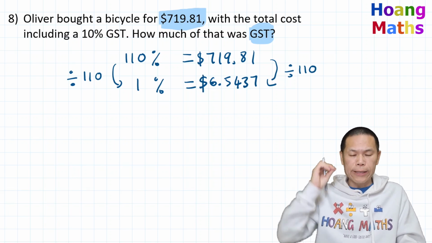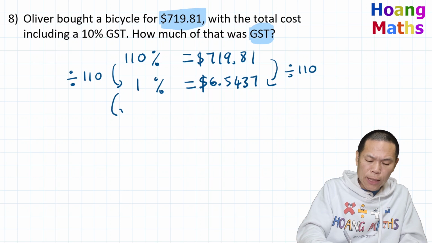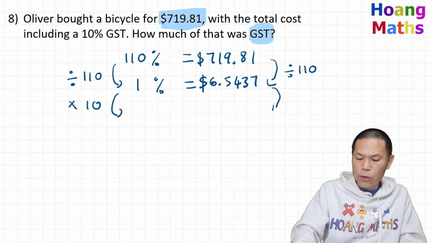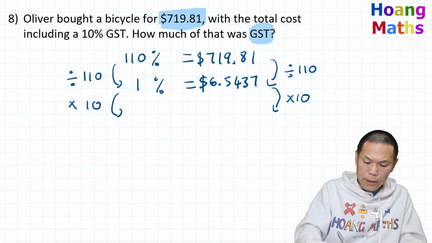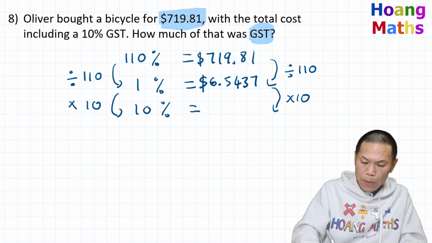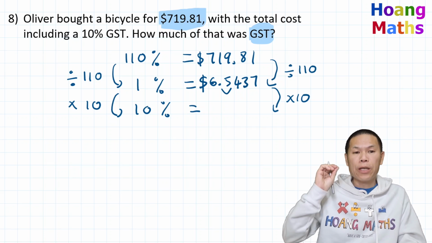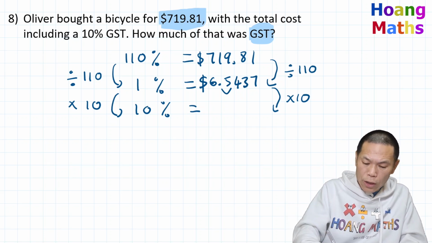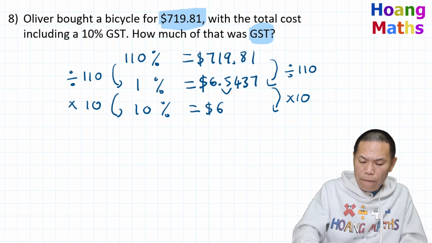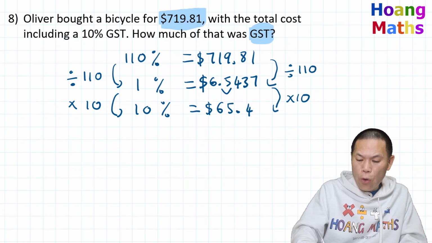We need to work out 10% because GST is 10%. So we just times by 10. From here to here, we times 10. So 10% is equal to the answer times 10. That should give me 65.437.